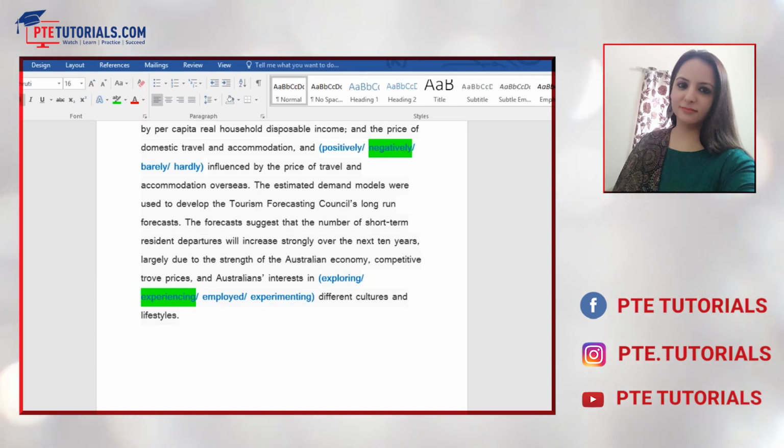With the combination of these three things, you can easily get to know which word I have to fill. If there could be 20 blanks in your paper for reading and writing, at least you would be able to find 17, 18 out of them if you study with these methods.